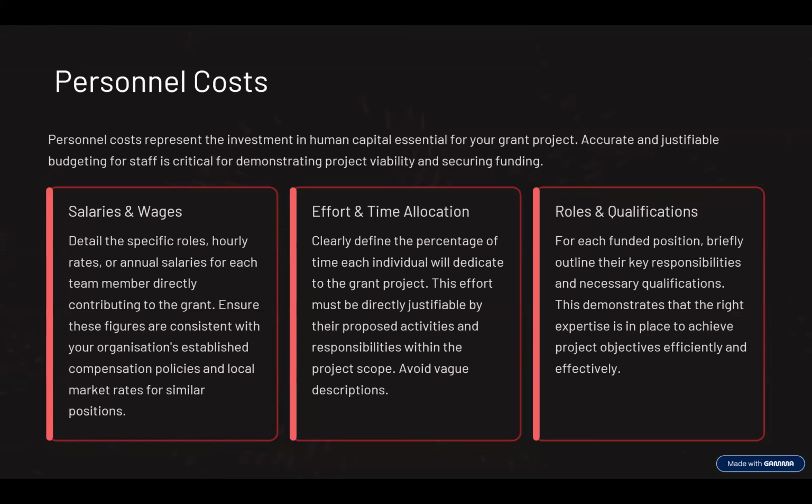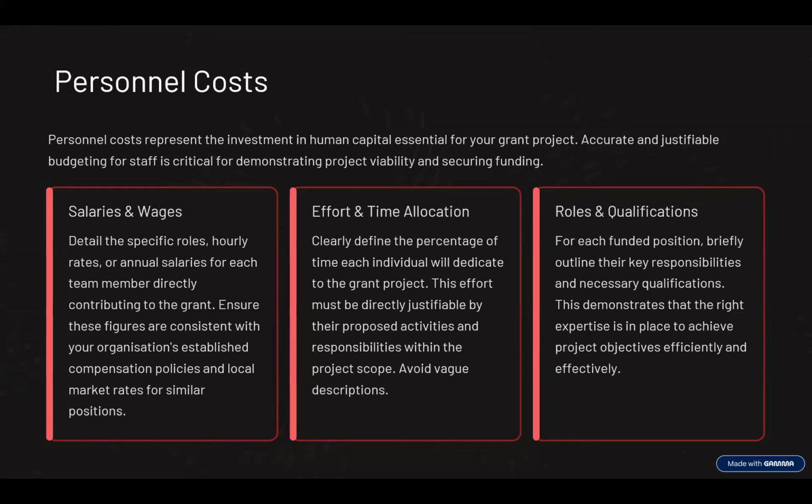You have to clearly define the percentage of time each individual will dedicate to the project. This effort must be directly justifiable by their proposed activities and responsibilities based on the project scope. You should avoid vague descriptions. For this time allocation, let's say you work for 40 hours a week.